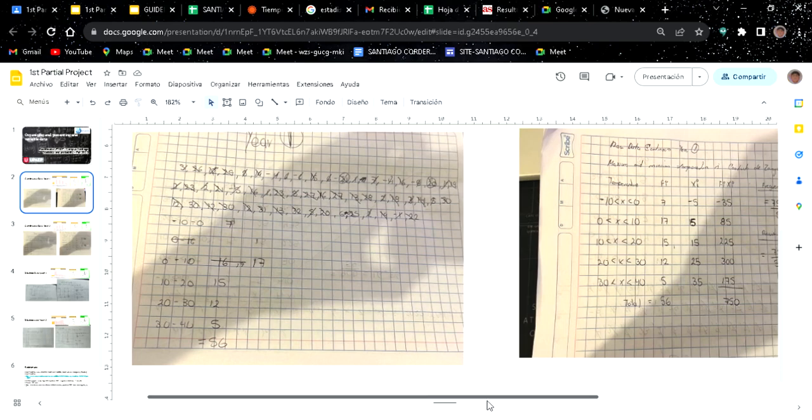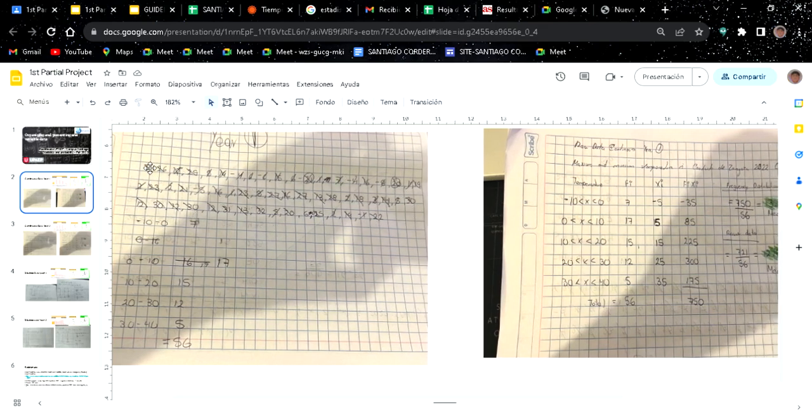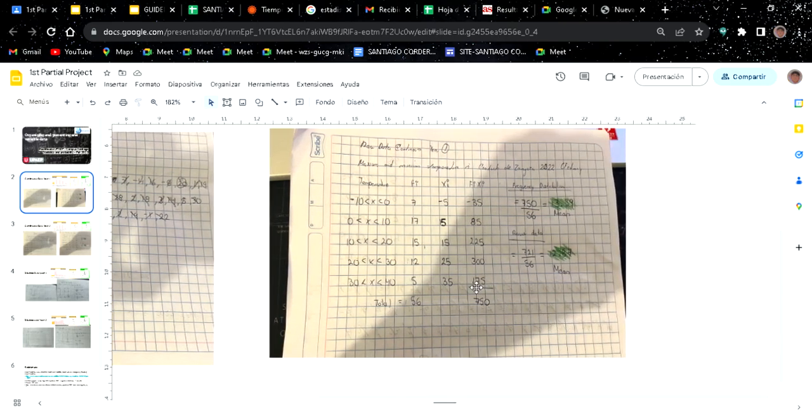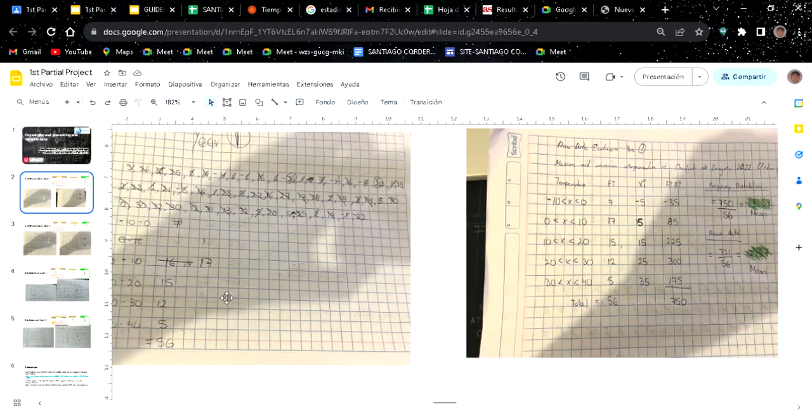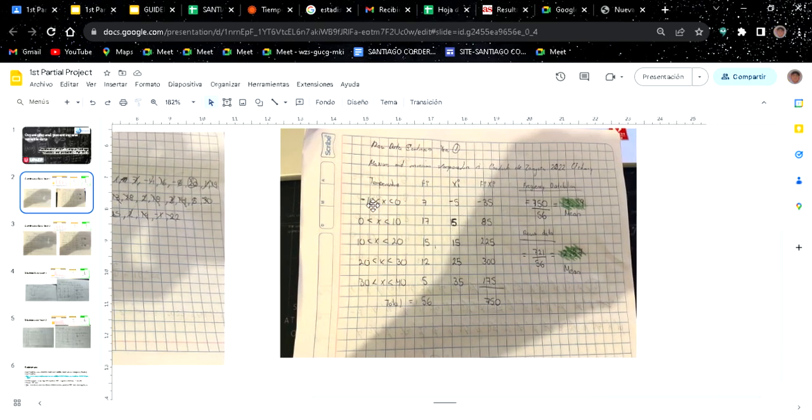And then I add all of the data of the temperature of all days, and the result was 721. And then in this case I write all of this, but clean.